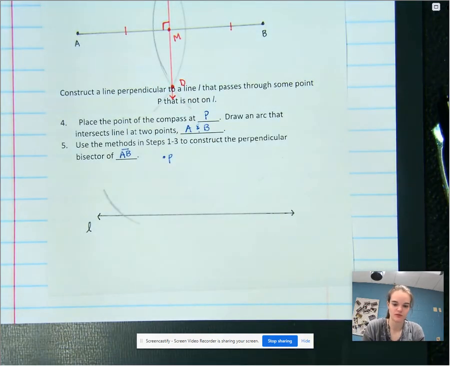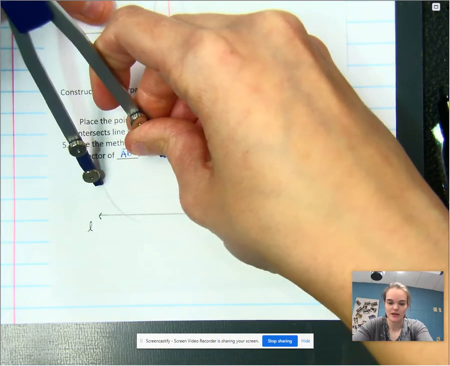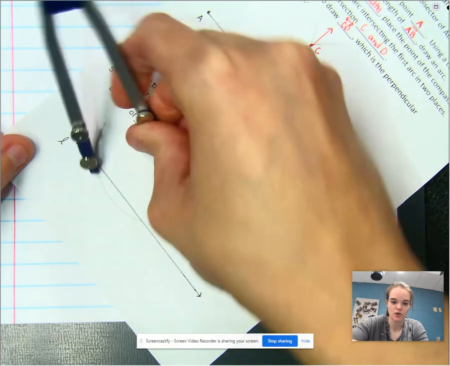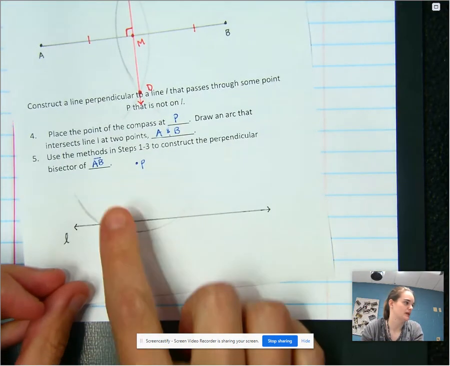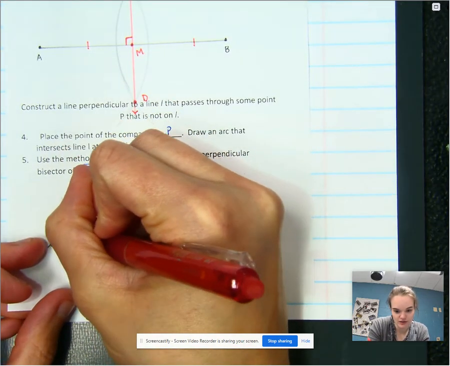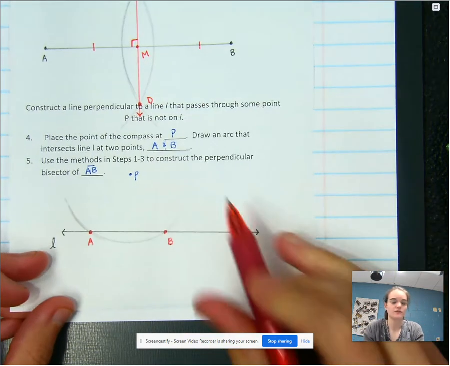Okay, my compass moved, as some of you are very familiar with happening to you a lot. I'm going to take up the paper and spin it, because I always find that to be easier. Your points don't have to be the same as mine, but the point is you have to go from P to L and have 2 points. Here is A, here is B.